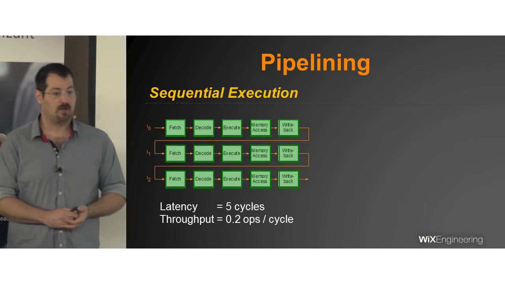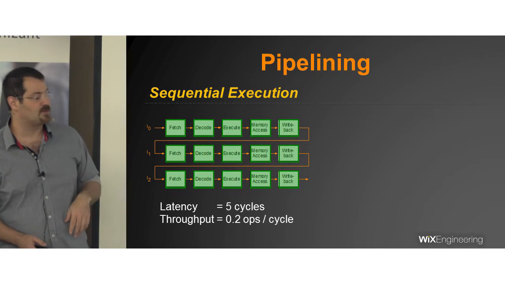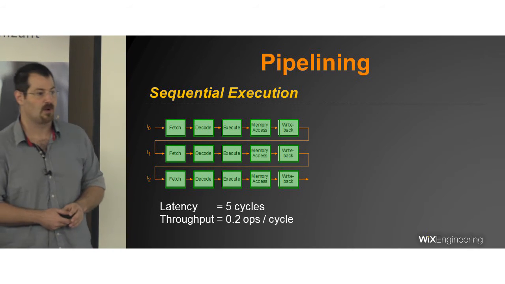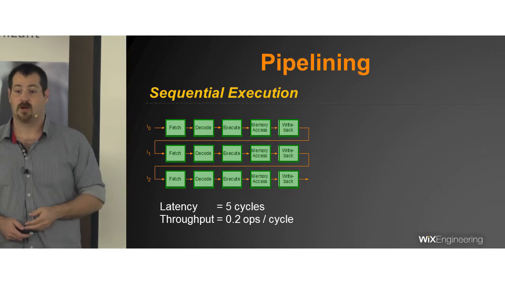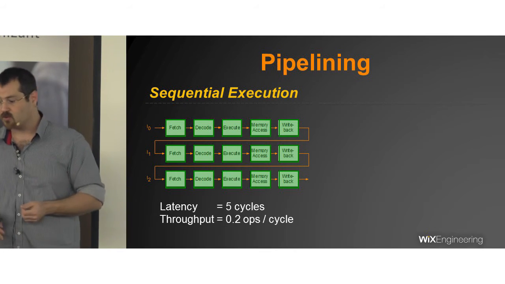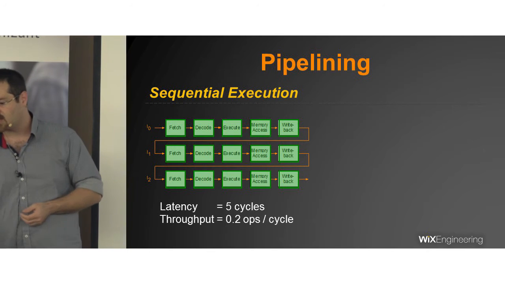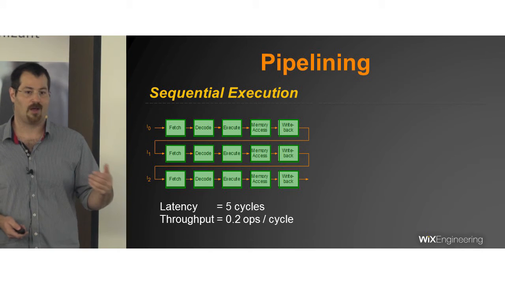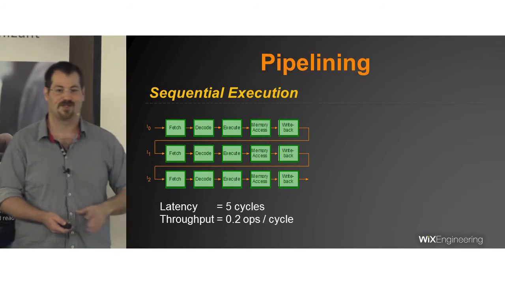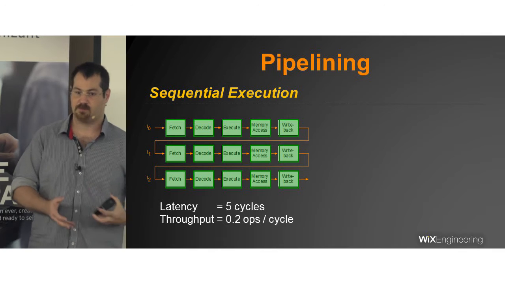So the first thing we need to consider is, we mentioned those 5 steps, right? Fetch, decode, execute, memory access, and write back. A naive solution might be to do them sequentially, right? You read an instruction, you go through the motions, you read the next one, you go through the motions again. This is not particularly useful because the latency here, for this oversimplified CPU, would be 5 CPU cycles, right?